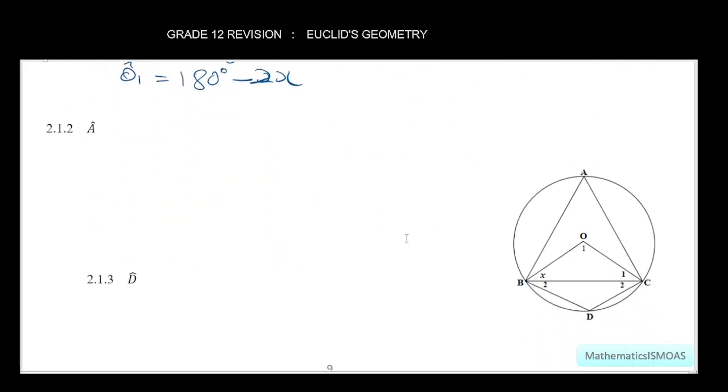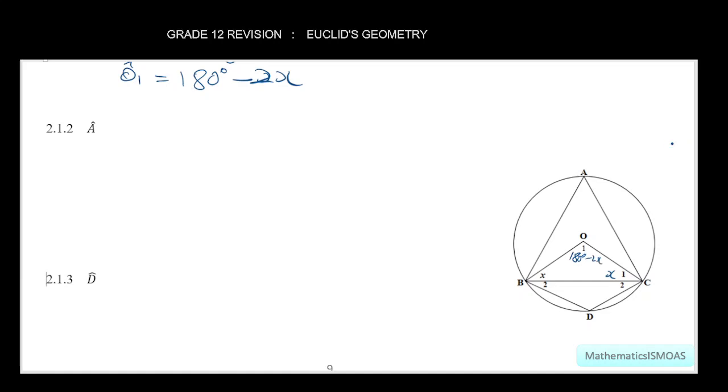Okay, now on question 2.1.2, we must determine the size of angle A in terms of x. Remember, now we have calculated C1 is x, angle O1 is 180 degrees minus 2x.